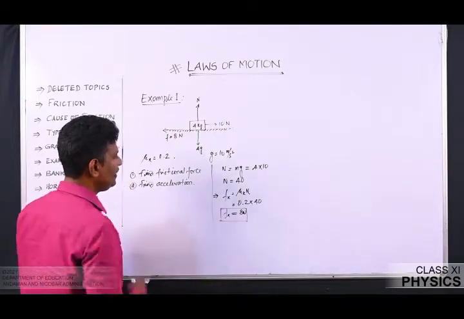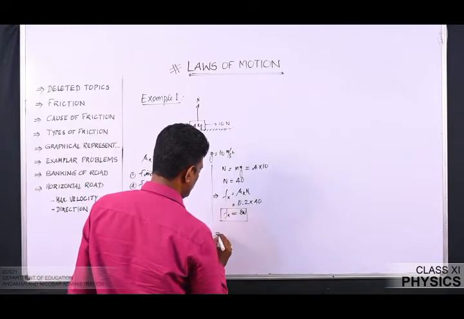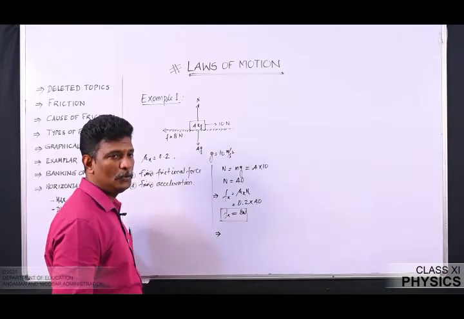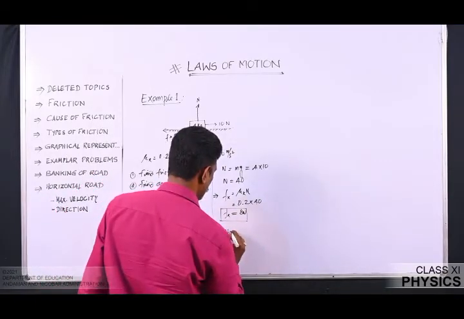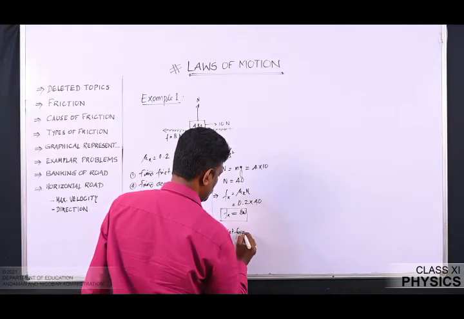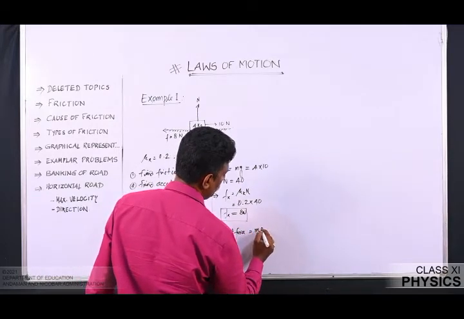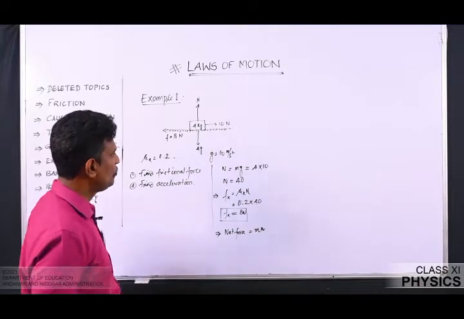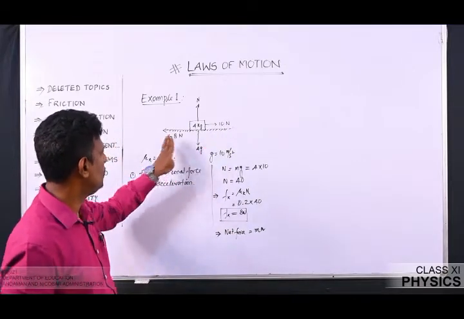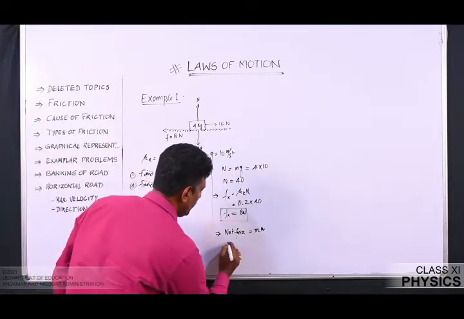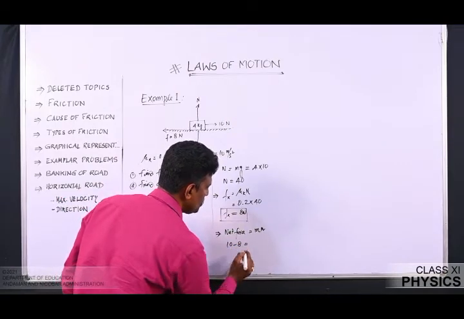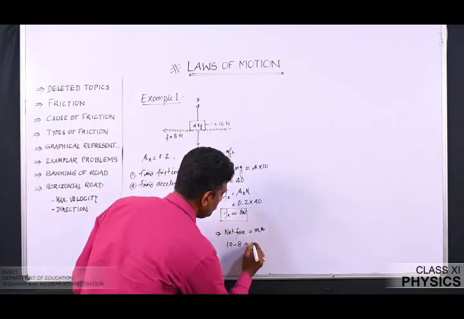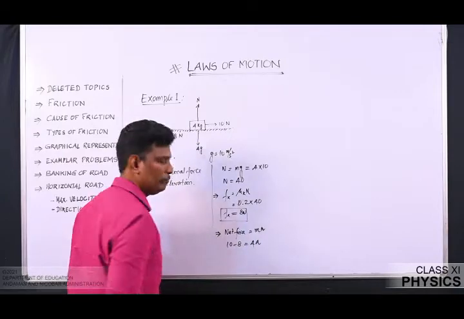So, in order to find the acceleration, we know that net force is equal to ma. What is the net force? That is 10 minus 8. So, 10 minus 8 is equal to mass 4 kg, a, 4a.